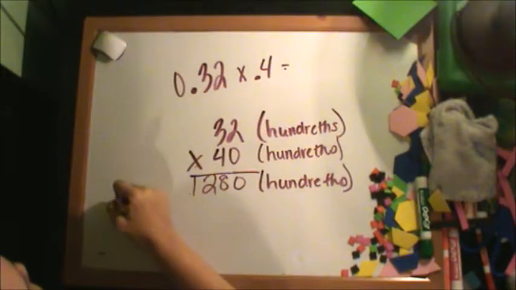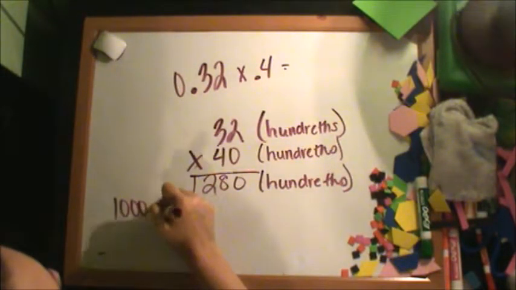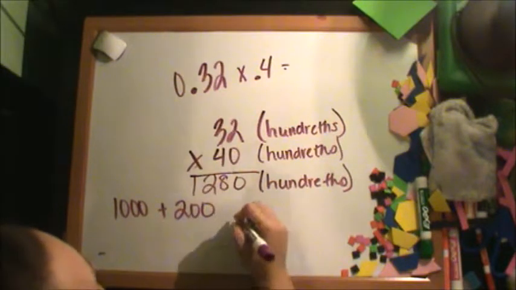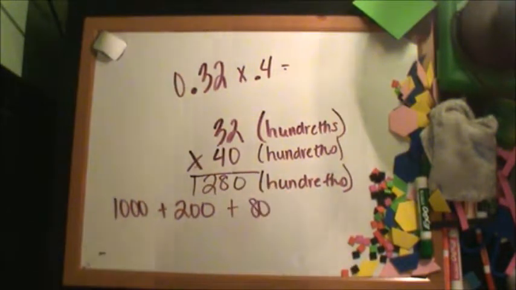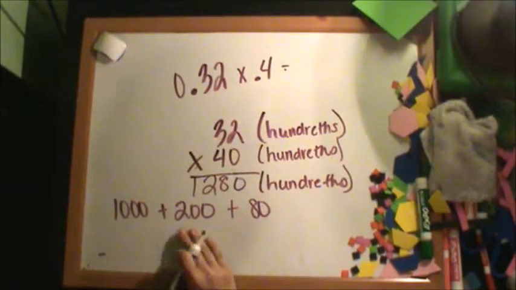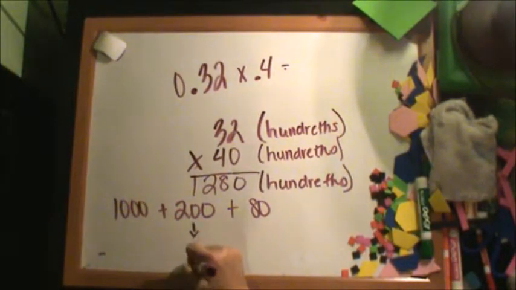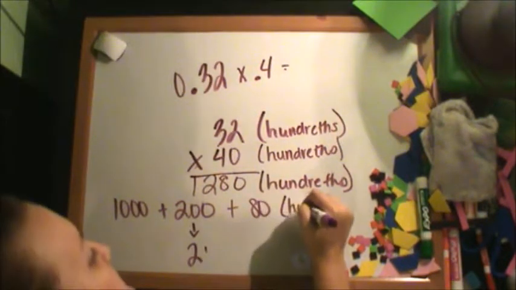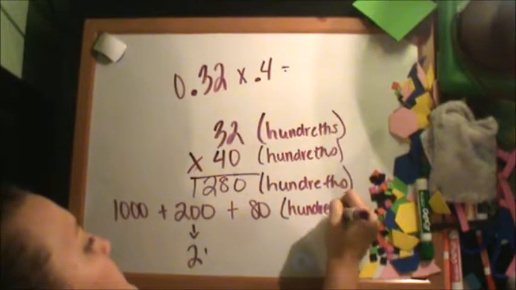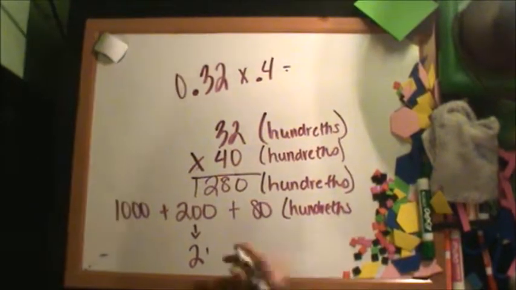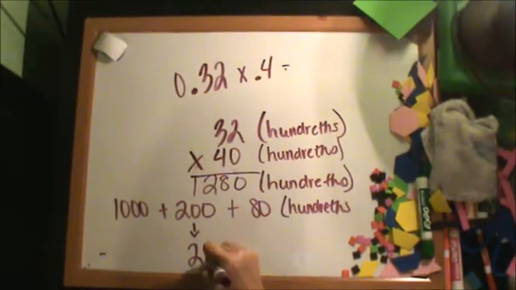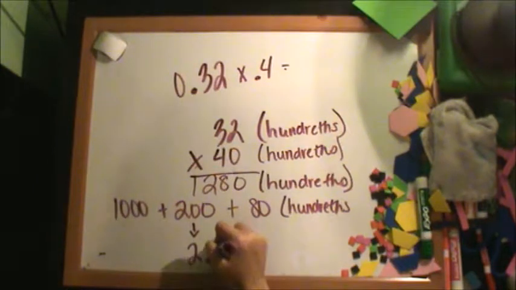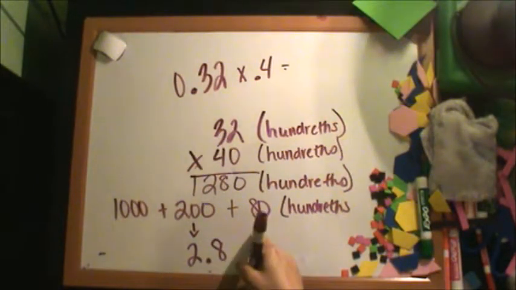So we have 1,000 plus 200, and then we'll just put 80. So we know that this is going to be 2, because this is 2 hundredths. And since this is 2, that means that this is going to be 8 tenths, or 80 hundredths.